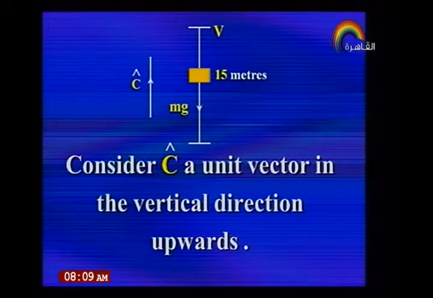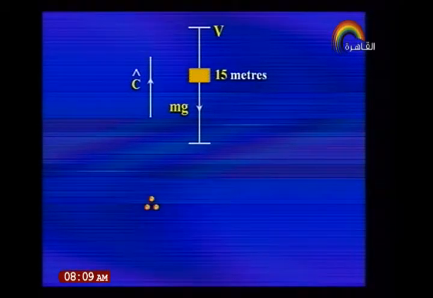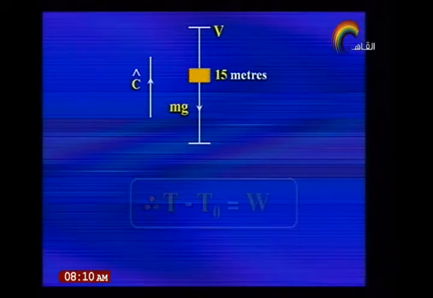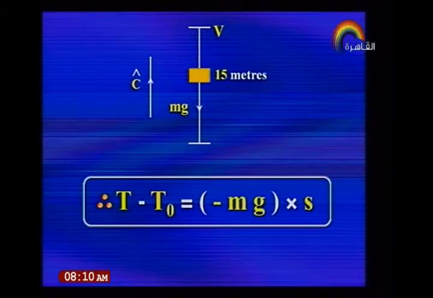Look at the opposite figure. C is a unit vector in the vertical direction upward. The distance, the highest point, is 15 meter. Look, student. The change of kinetic energy, T minus T naught, equals the work done. Then T minus T naught equals negative mg times S. What is the m?